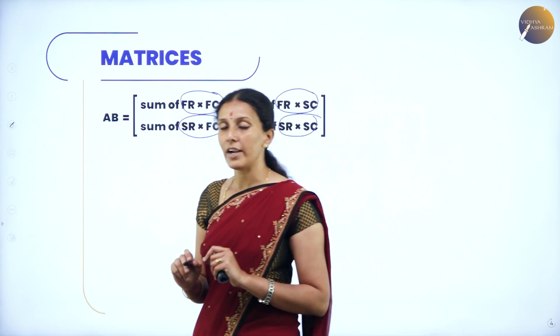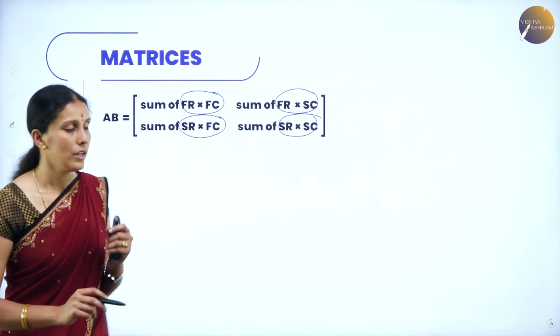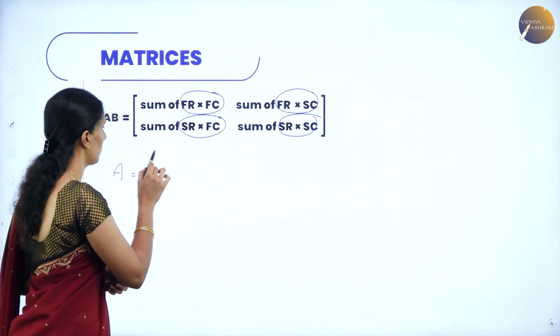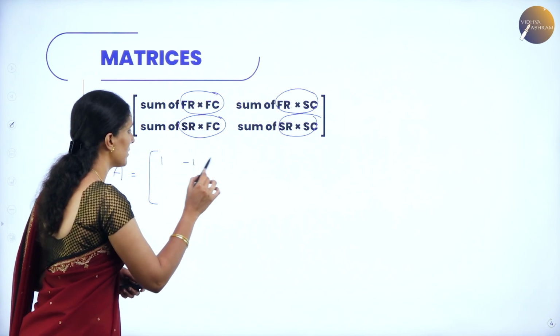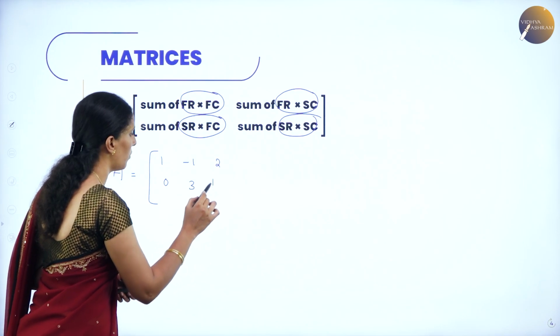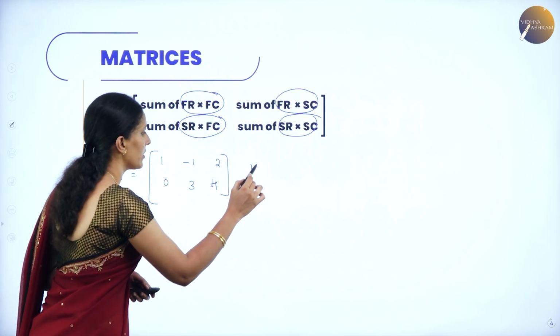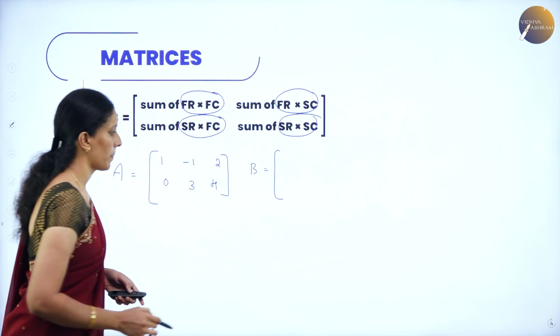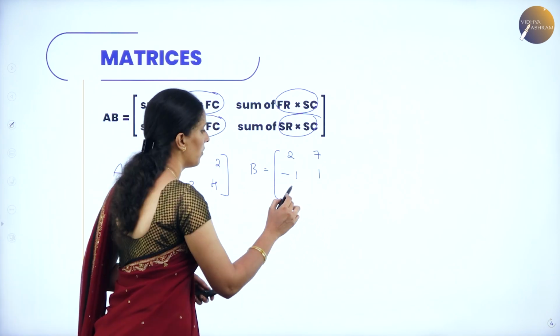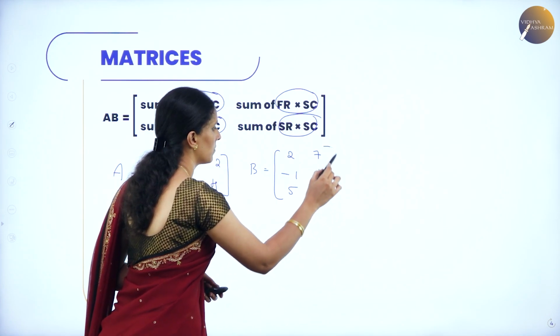So first let us write the two matrices given here. Here I have taken the matrix A as 1, minus 1, 2 and 0, 3, 4, and matrix B as 2, 7, minus 1, 1, 5, minus 4.